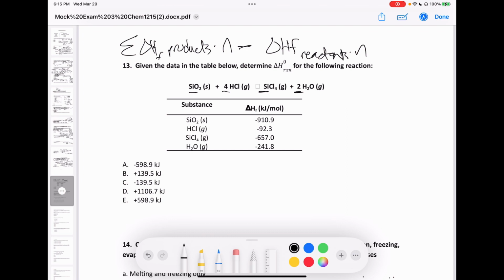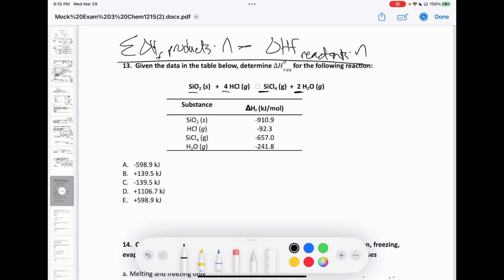So if we consider this reaction, it's going to be 1 mole of silicon dioxide plus 4 moles of hydrochloric acid to create 1 mole of silicon tetrachloride and then 2 moles of water. So just like we have up here, we need to start with products first.